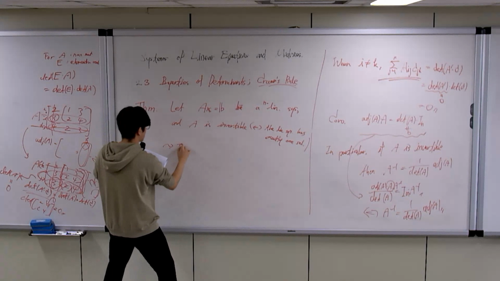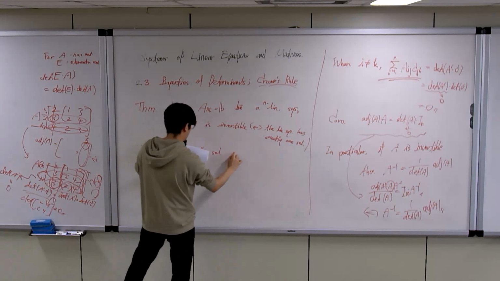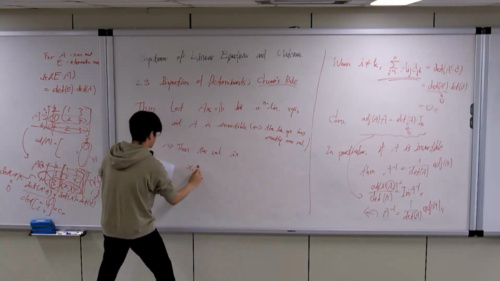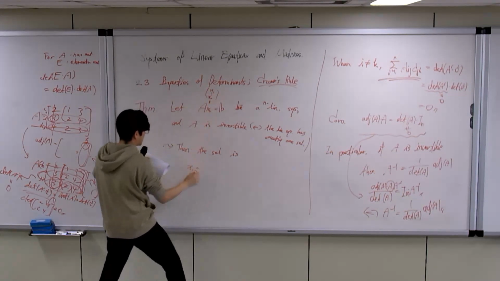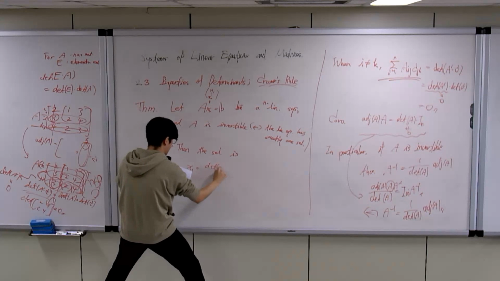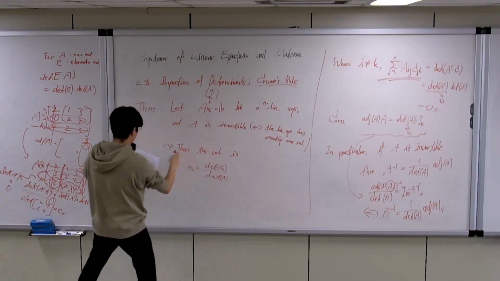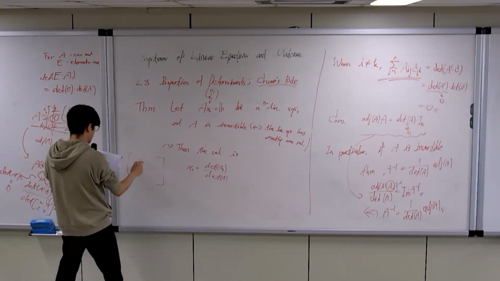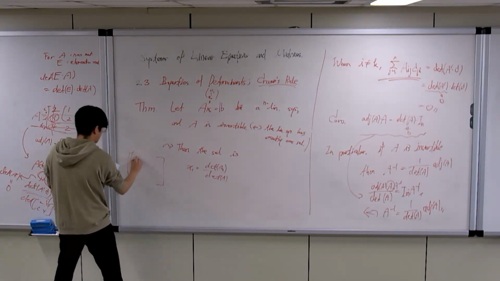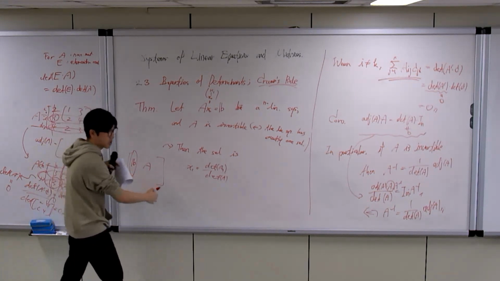Then the solution is, when we write x as x1 to xn, x1 is determinant A1 over determinant A. A1 has changed the first column to the B vector, and the other columns are the same as the A matrix.